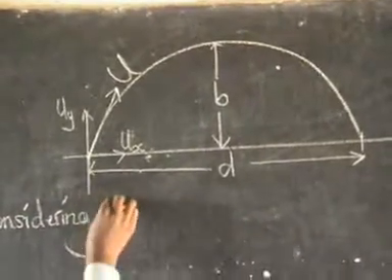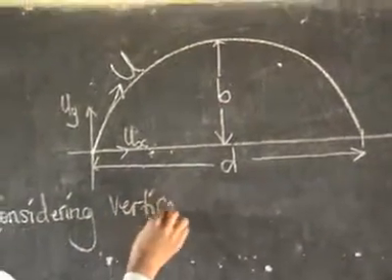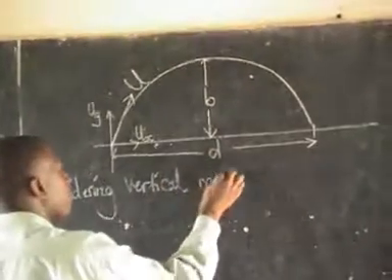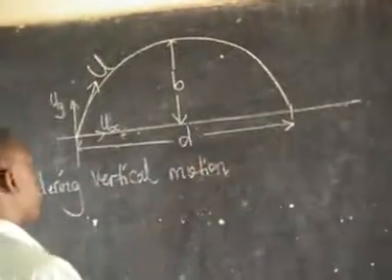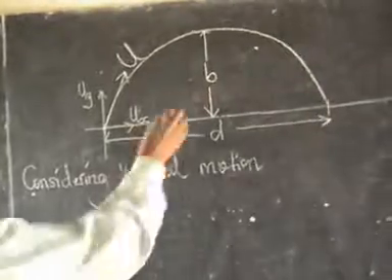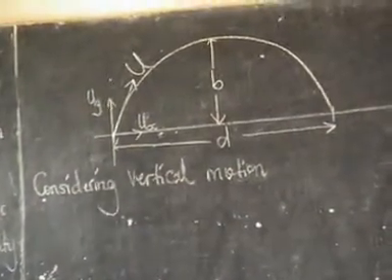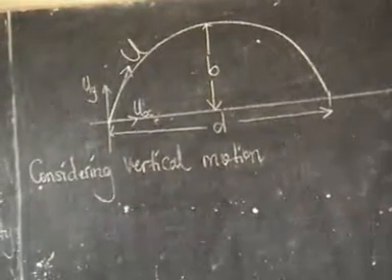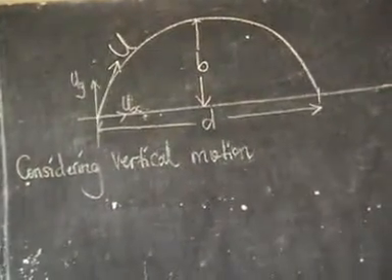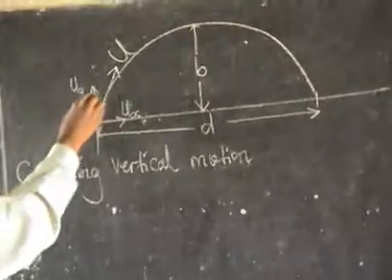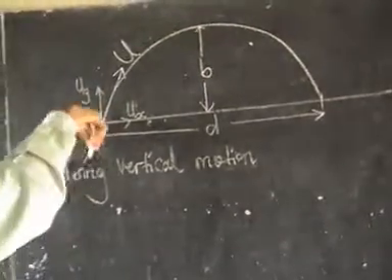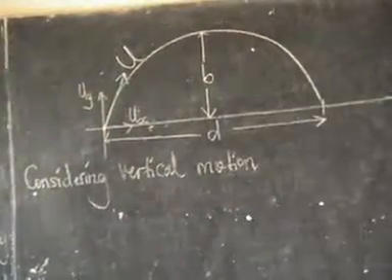Considering vertical motion, I'm going to use this condition for maximum height. So for the body to attain maximum height, the component of its velocity along the vertical will be equal to 0.